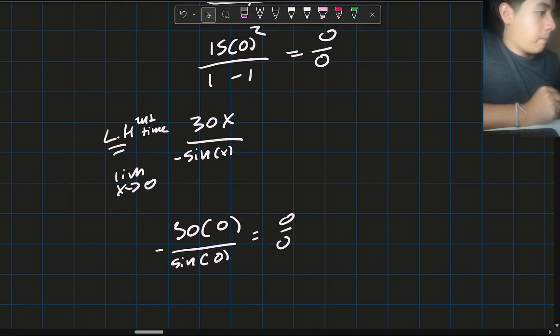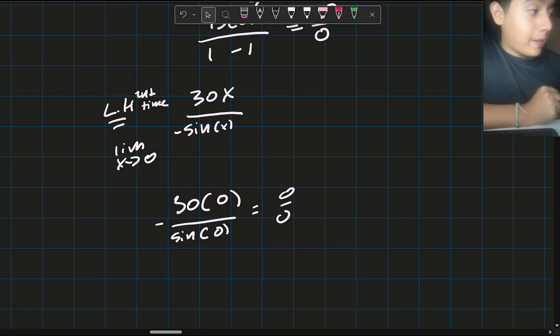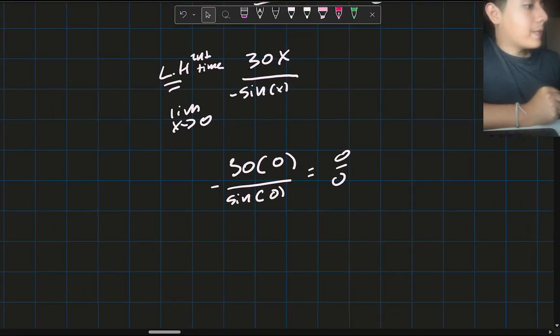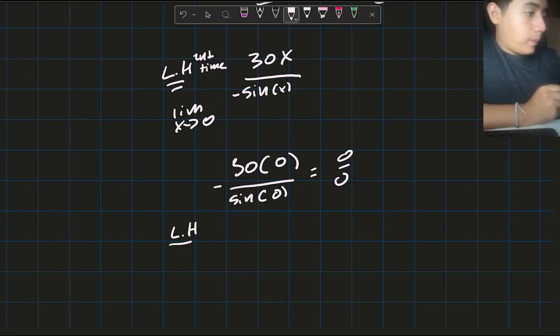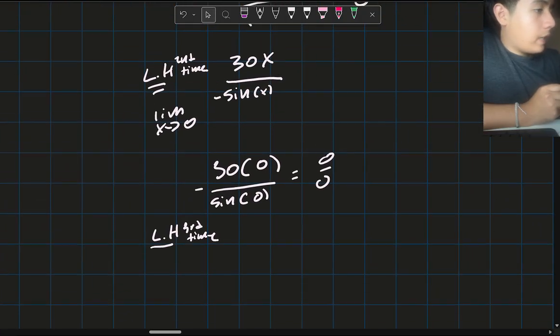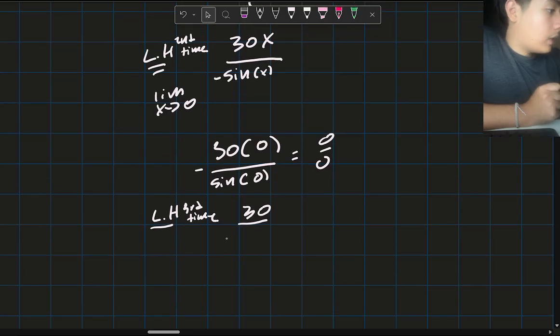Okay, so that means we have to apply L'Hopital's rule one more time, because it's an indeterminate form. So the third time's the charm, right? The derivative of 30x is just 30. The derivative of negative sine is negative cosine of x.